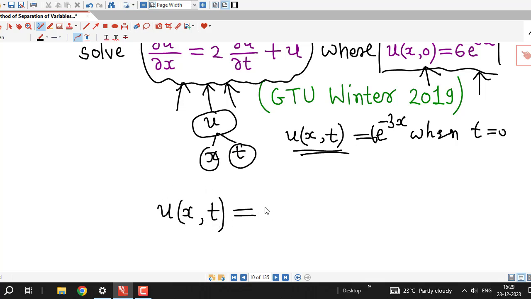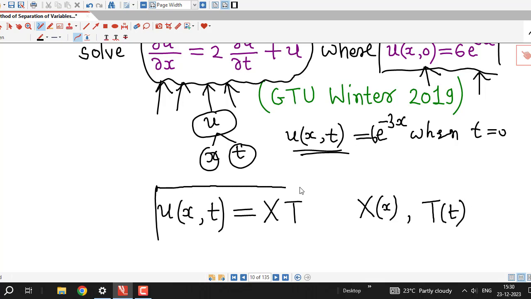So we start with the assumption that this equation has a solution of the form u = X times T, where capital X is a function of x only and capital T is a function of t only. This is the assumption we have made for the solution of the given partial differential equation.